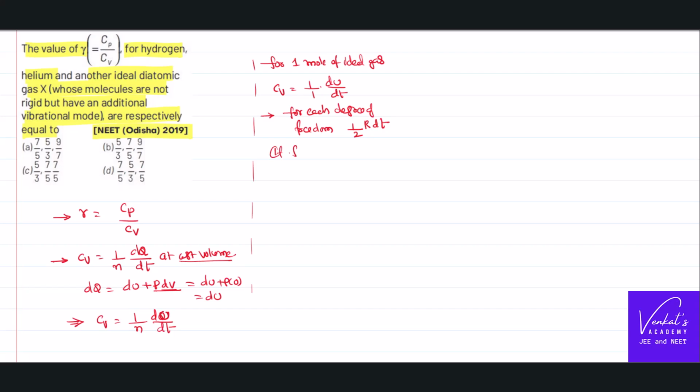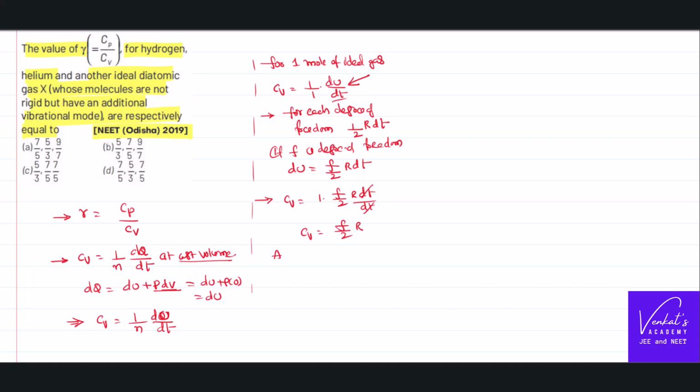If F is the degree of freedom, then the total du is equal to F by 2 R dt. Substituting this in the equation makes Cv as 1 into F by 2 R dt by dt. So dt cancels, and Cv equals F by 2 times R.